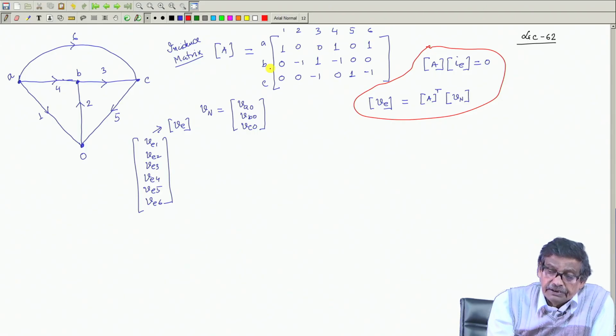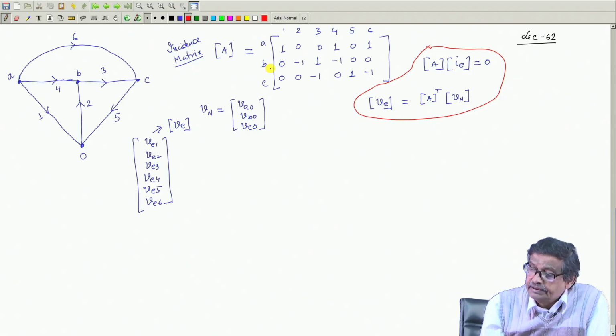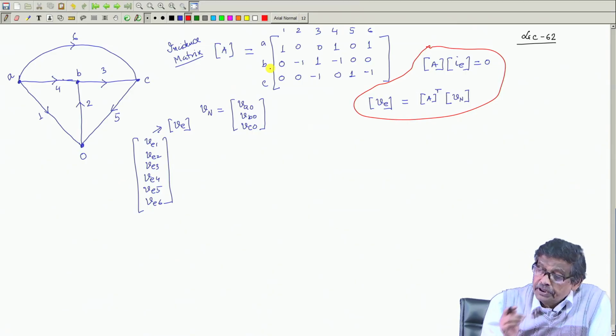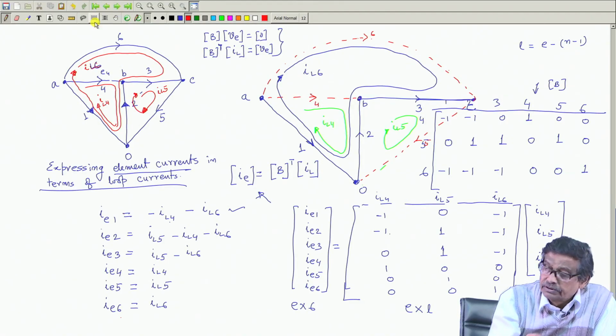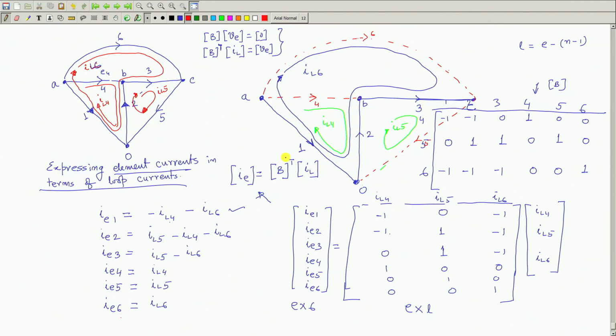Similarly, we then defined what is a tree of the network, what is a co-tree of a network, what are twigs, what are links and so on. Then in our last class, which I will just quickly go through, no point in repeating, we first drew the full graph.